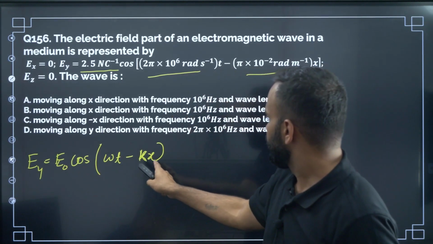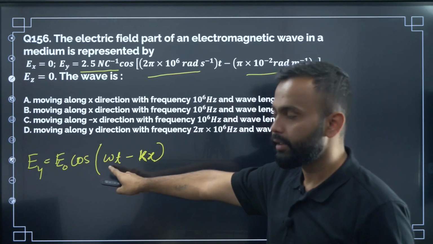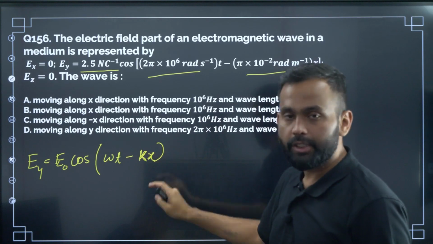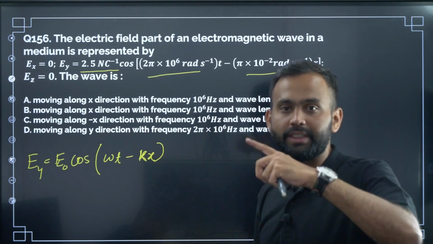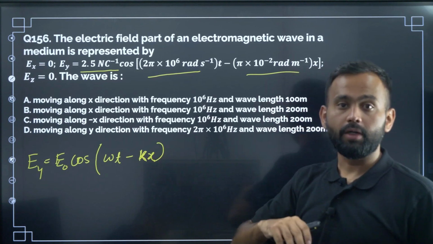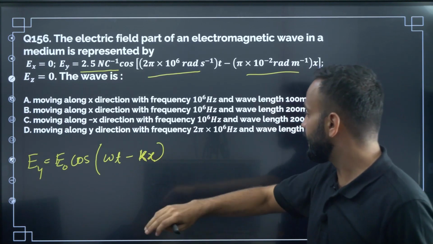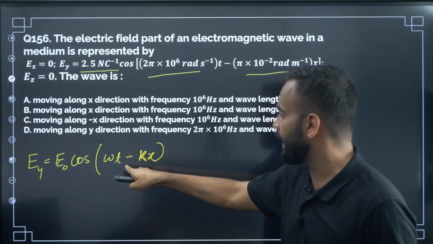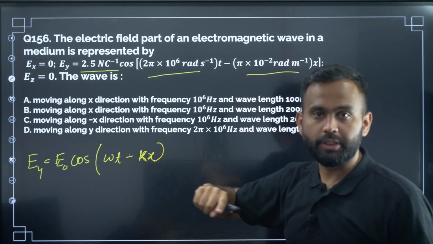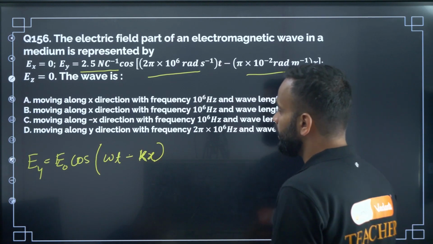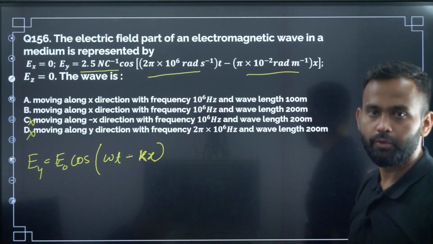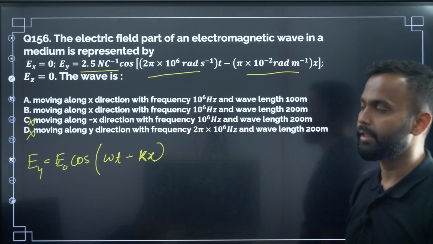Here omega is angular frequency, t is time, k is propagation constant, x is the direction in which the wave is propagating. Here the wave is propagating along positive x direction. If it is negative x direction, then here the sign would be plus. So the wave is propagating along positive x direction, right? So options C and D both are eliminated. You have to choose the correct option between A and B.